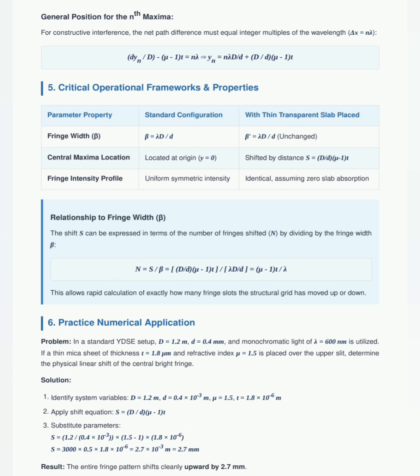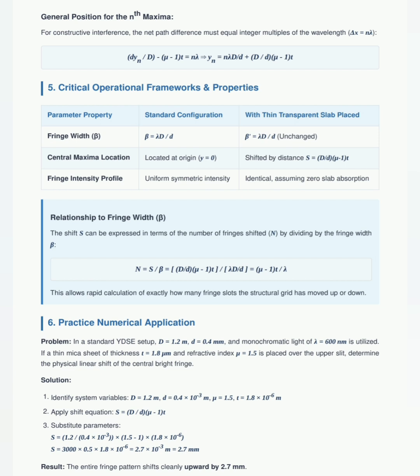So for that, we have to use the shift equation, S equal to capital D by d into (mu minus 1)t. If we use these values, the distance of the screen from the slits, capital D, is 1.2 meter. The distance between two slits is 0.4 millimeters, so 0.4 into 10 to the minus 3 meter. We have to convert everything to meter.